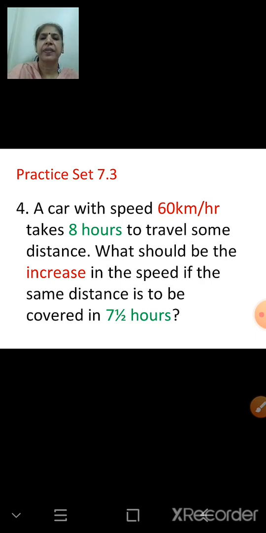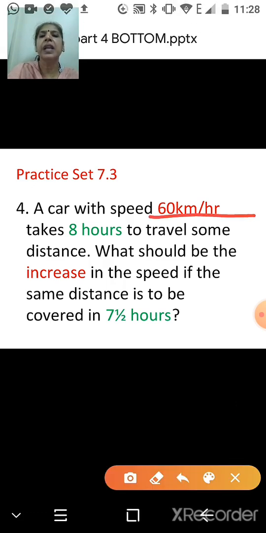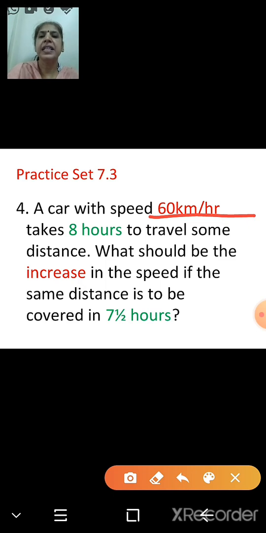Next question. A car with speed 60 km per hour. Speed of the car is 60 km per hour. Takes 8 hours to travel some distance. What should be the increase in the speed? See, the question asks, what should be the increase in the speed if the same distance is to be covered in 7.5 hours?